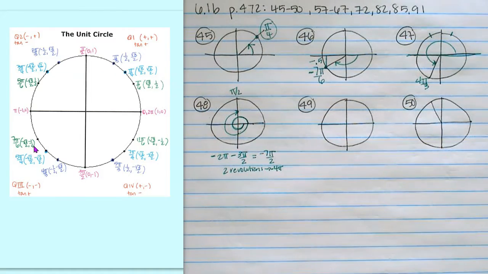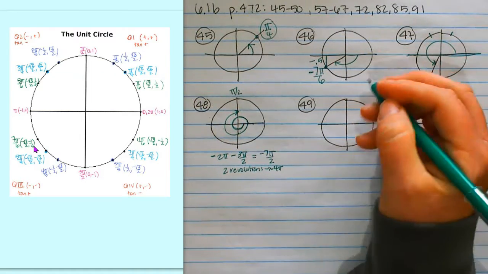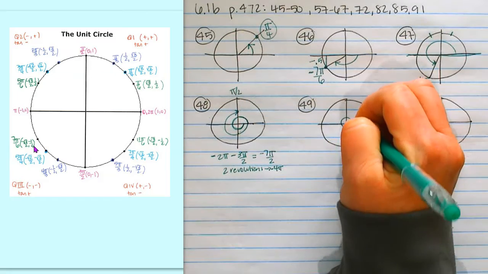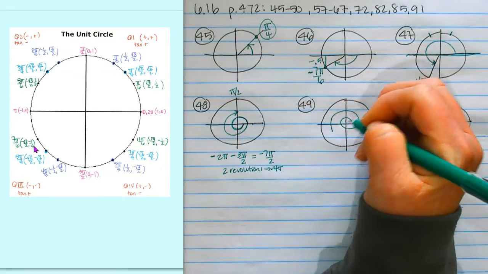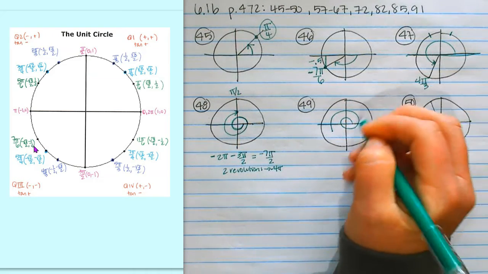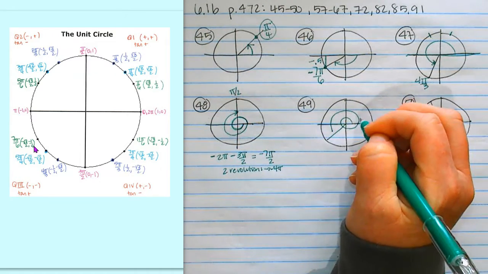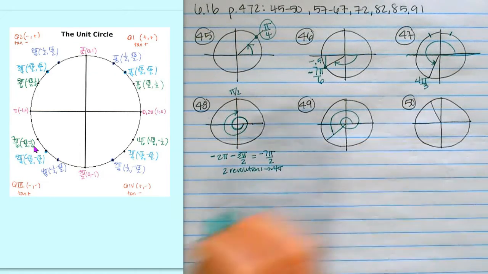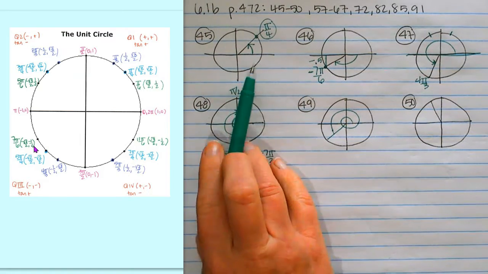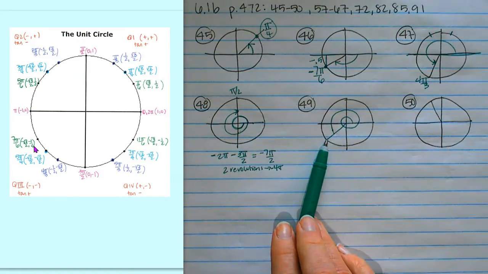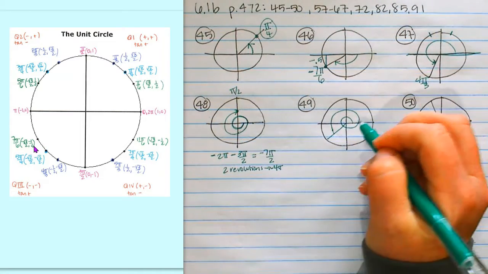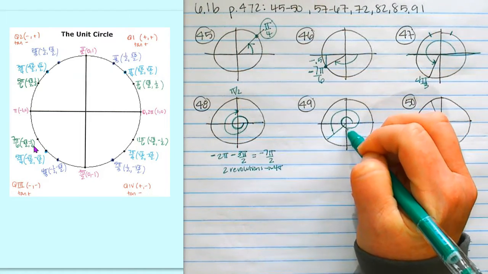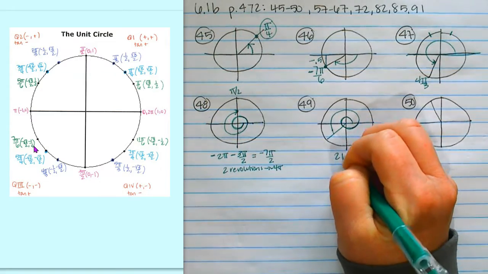All right, 49. 49 goes up, once around, and then down to, where are they going here? This one goes completely to the middle, and you can see that because it goes to the negative 1, 1. So I have the same position like I did in this example. This is a pi over 4. Which pi over 4 is this? So let's see. This is up, and once around, this part is 2 pi.